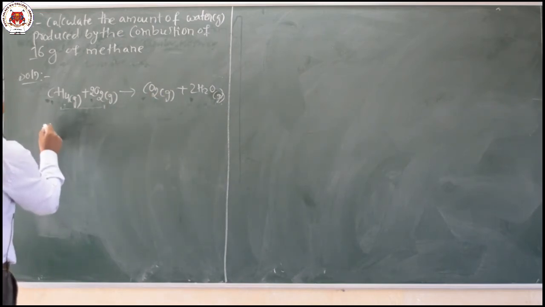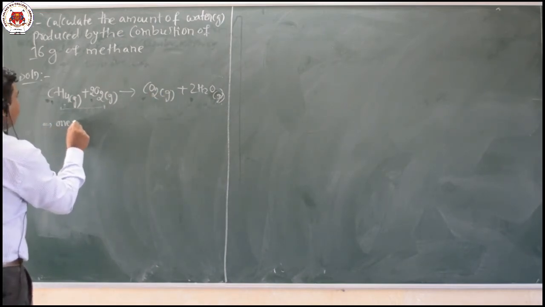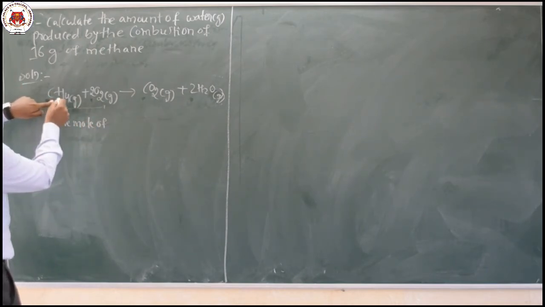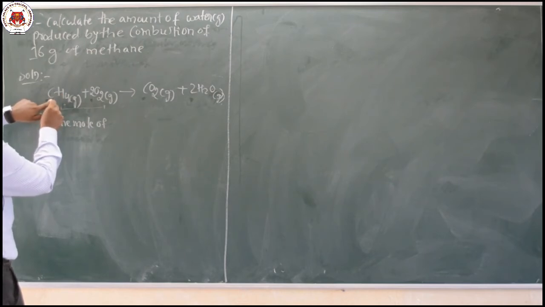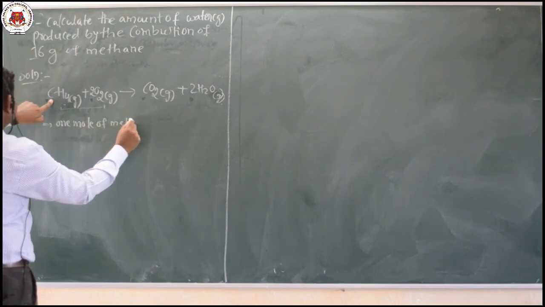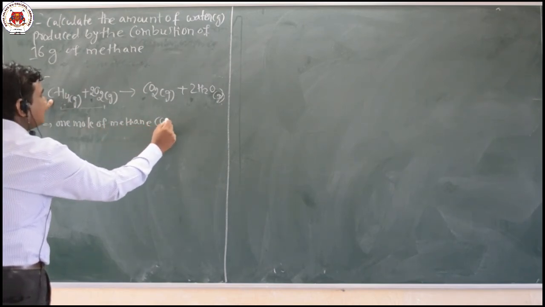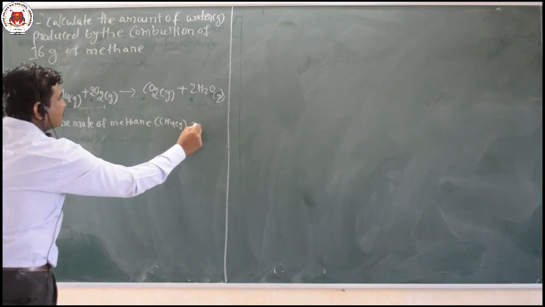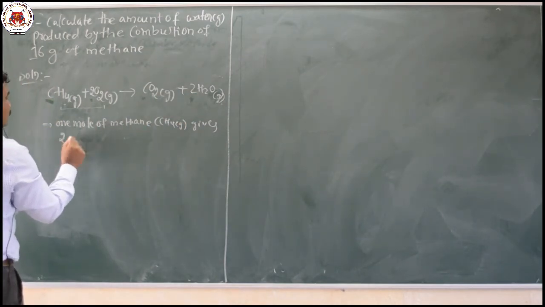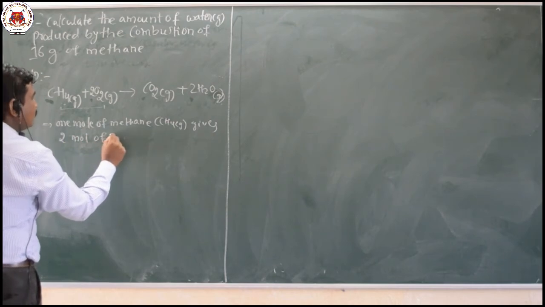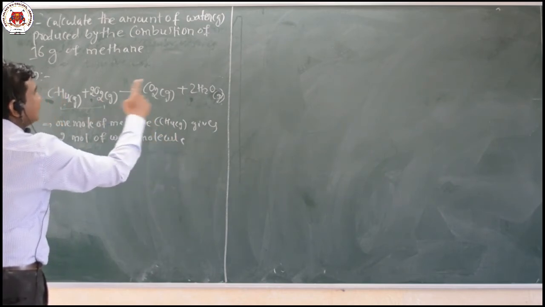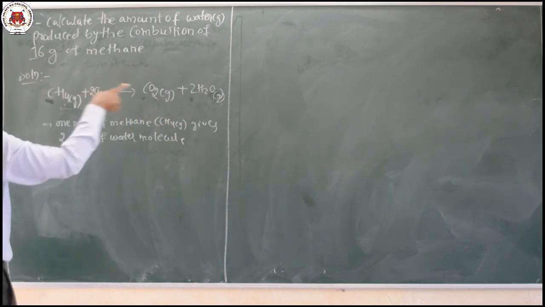We have already discussed this stoichiometric coefficient: 1 molecule of methane, that is 1 mole of methane, CH4 gas, gives 2 moles of water molecule. So understood, in the combustion of methane there is formation of water molecules.